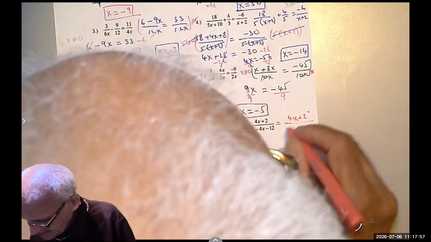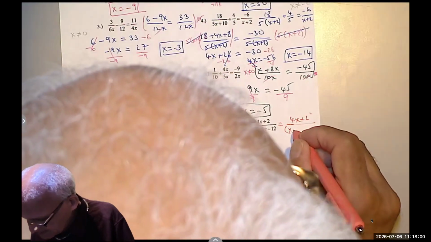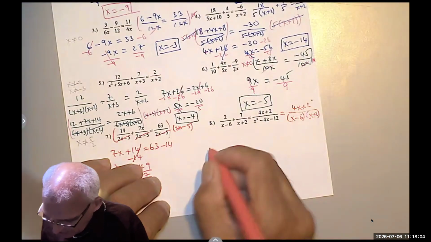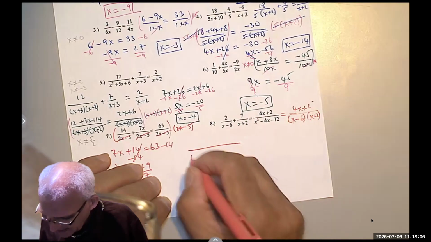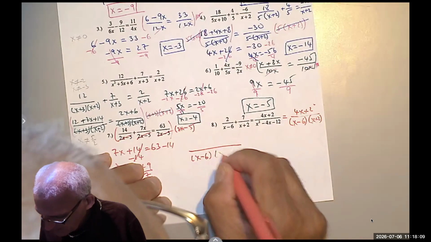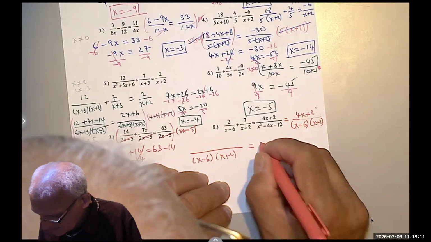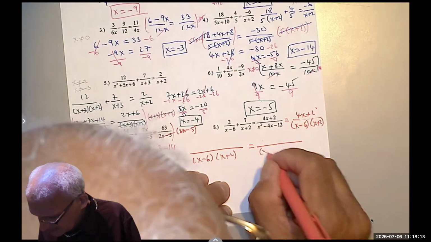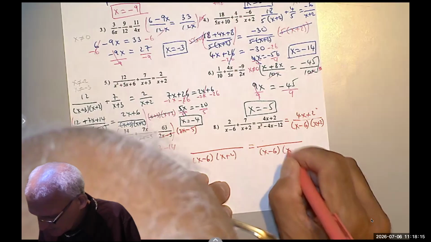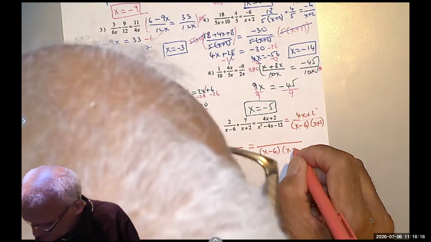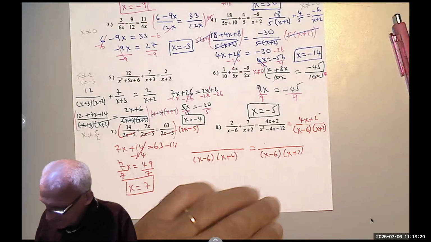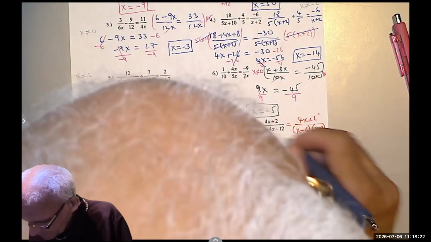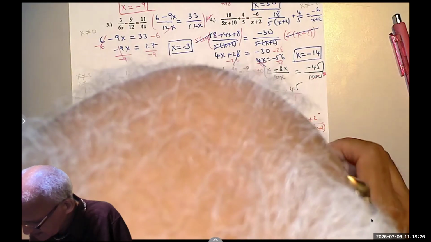It's 4x plus 2 divided by x minus 6 times x plus 2. x doesn't equal 6, x doesn't equal negative 2.